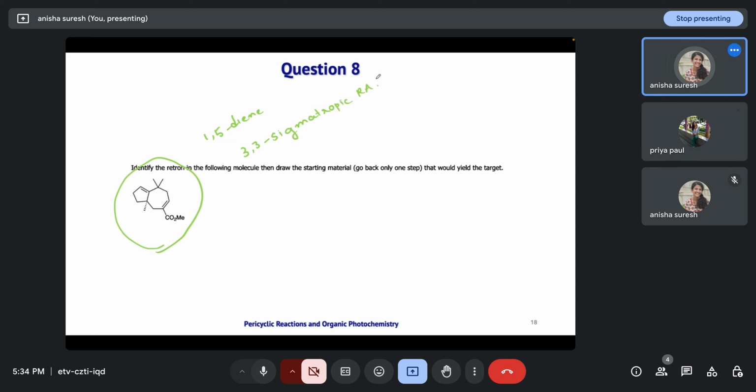So, what we need to do is a 3,3 sigmatropic rearrangement again to find the starting material. So, we can number it like 3, 2, 1, 1, 2, 3. A bond will be forming between these two carbons, and this bond will be breaking.